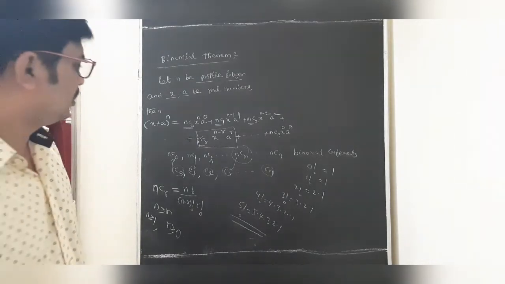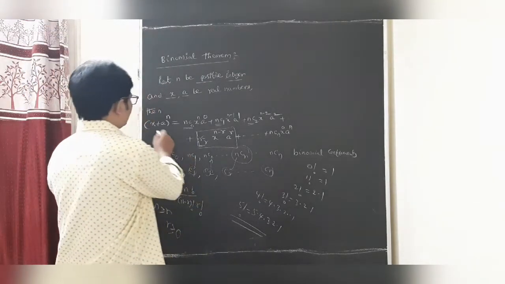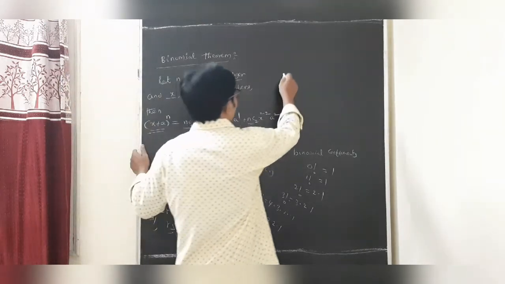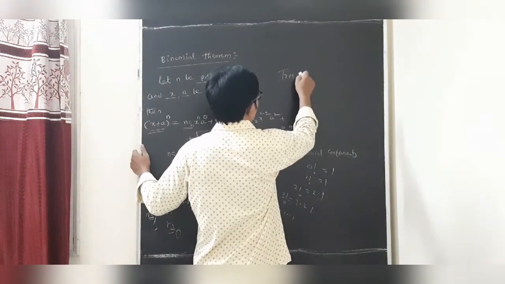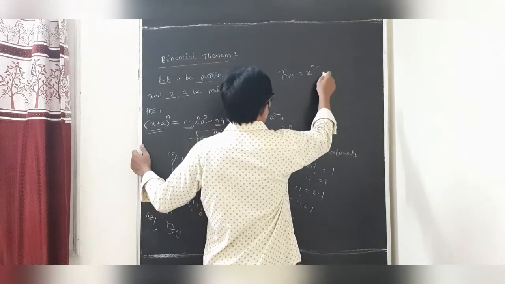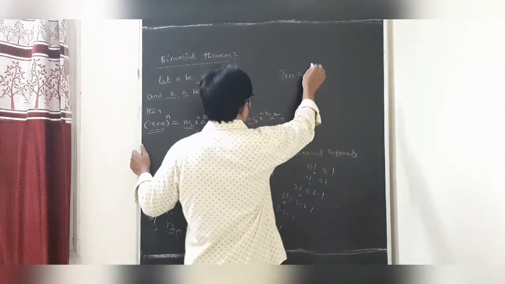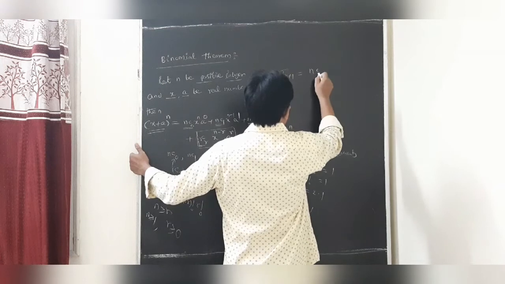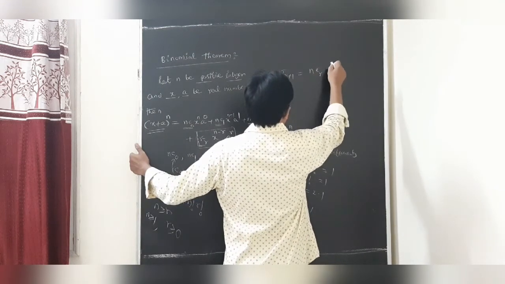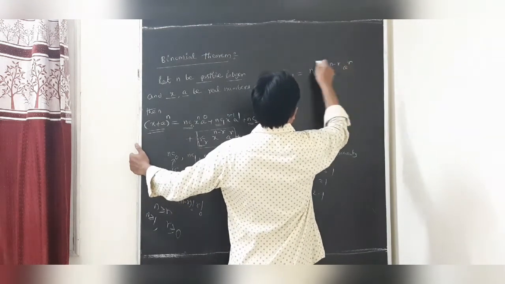Okay, students, right now the general term of (x plus a) power n is T(r plus 1) equal to nCr x power n minus r a power r.